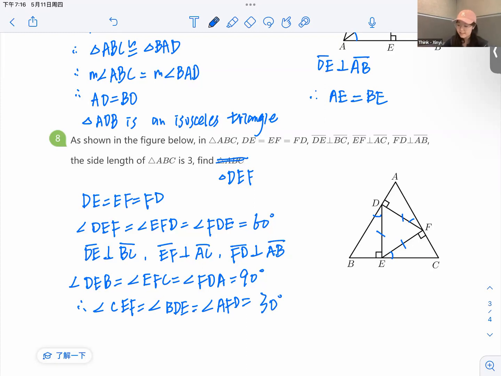Okay, and now based on the ASA, it's easy to prove that the triangle DEB is congruent to the triangle EFC congruent to the triangle FDA. Okay, so we have 60 degrees, 30 degrees, 30 degrees.